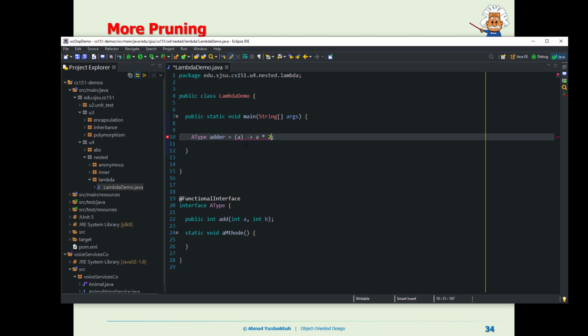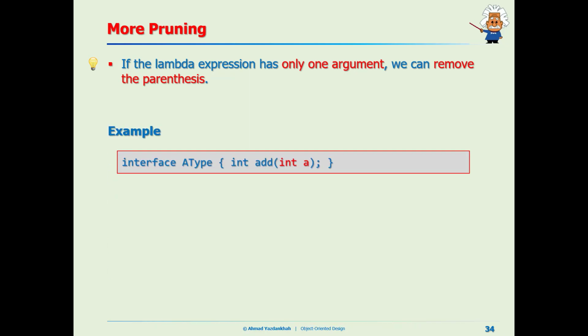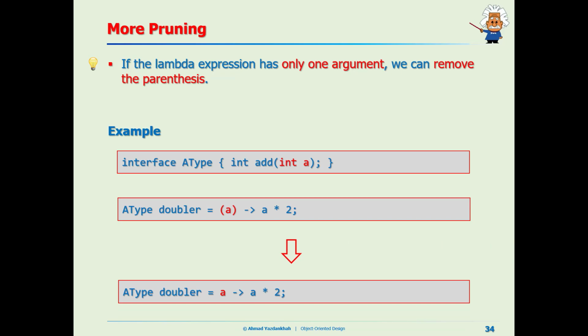Let me see what the problem is. The problem is because it's using this, so we need to have one here. Now there is no problem here. Let's call it doubler, double everything. If we have just one, we can even remove this parenthesis as well. So this is the example I just showed you.